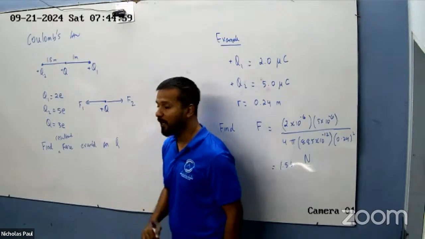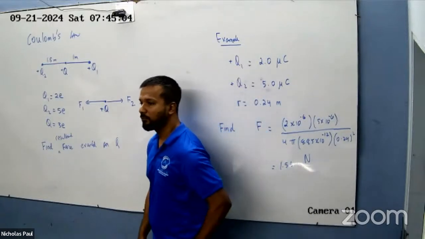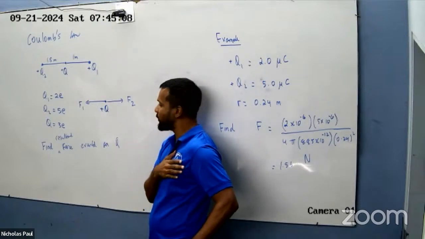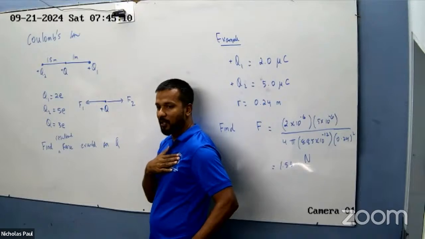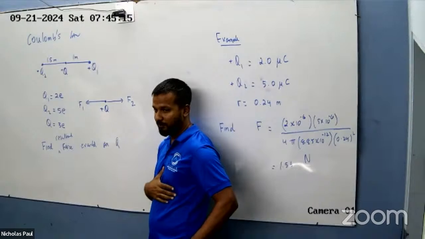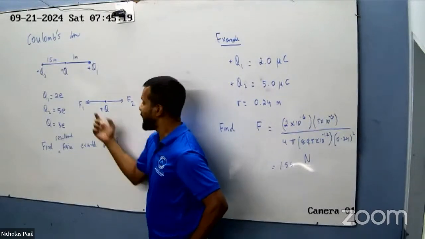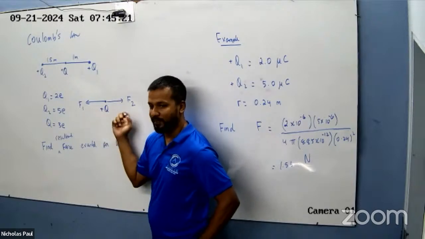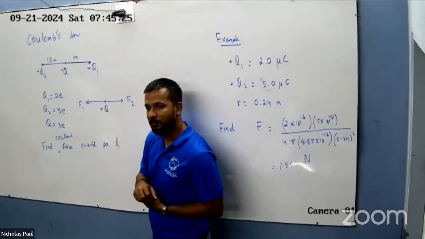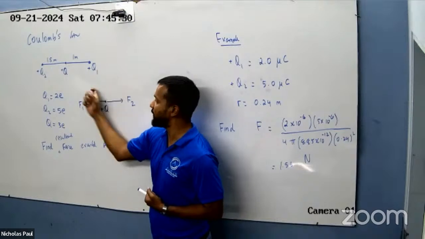So how will you get a resultant force? Add them, because they're in the opposite direction. One plus, one minus. So you find the algebraic sum, one positive, one negative, so you'll minus them basically.